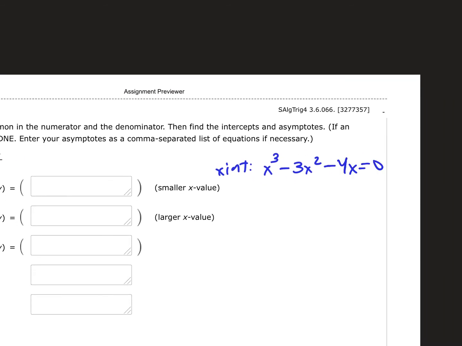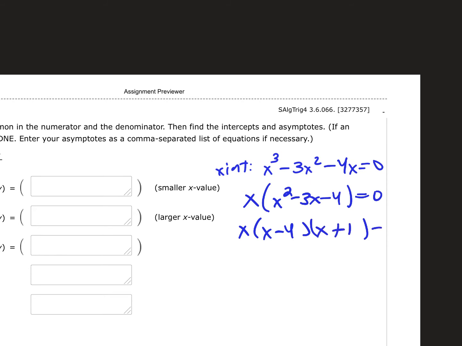When we factor, what is the first thing you look for? The GCF. Is there a GCF here? Yes, it is x. I'm left with x squared minus 3x minus 4. Can I factor that? Yes. x minus 4, x plus 1.